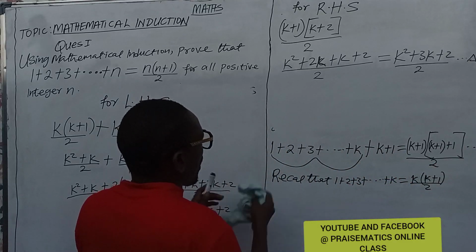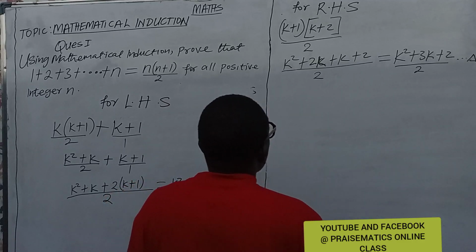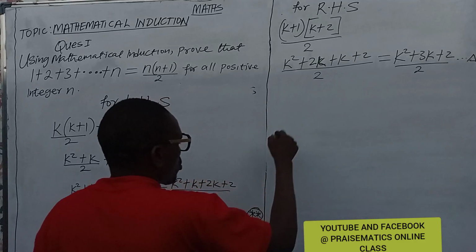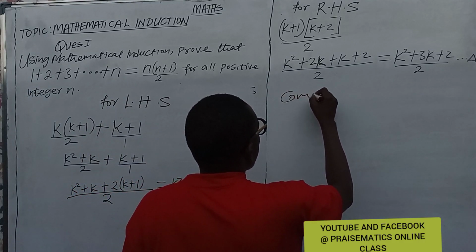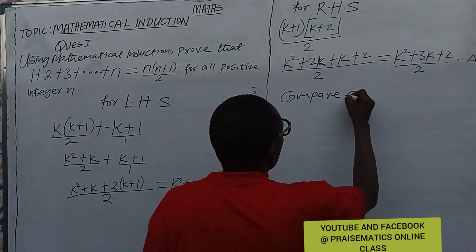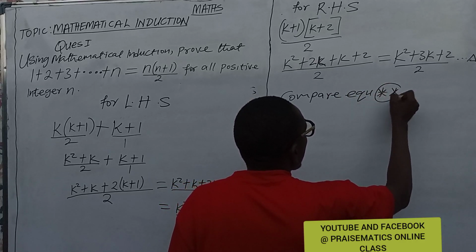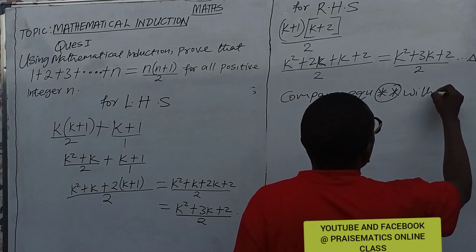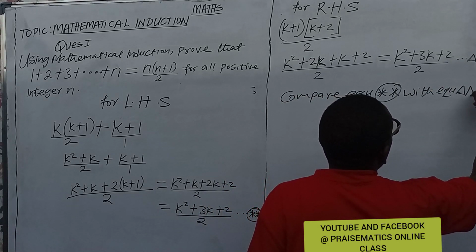Now we need to compare if P(k plus 1) is true, by comparing equation star with equation triangle.